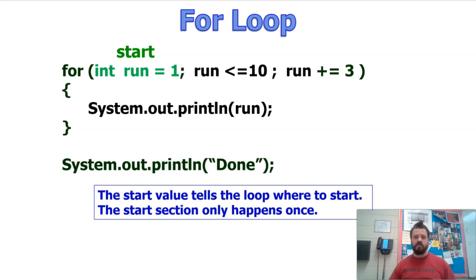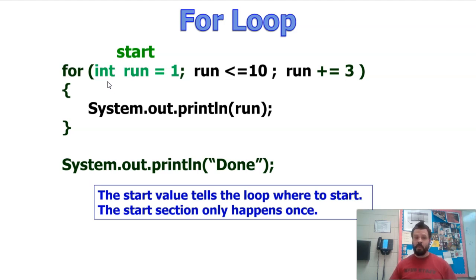All right, so let's take a few minutes to talk about each of those pieces in that loop header. We'll start off with the start. The nice thing about this is I don't need to worry about initializing variables before my loop. I can initialize them right within that loop header here. And it's basically the same type of code I'd use to initialize an int variable anywhere else in the program.